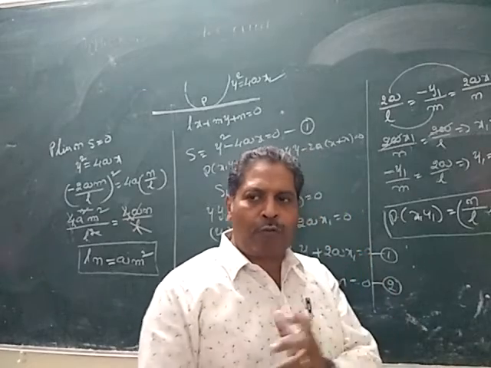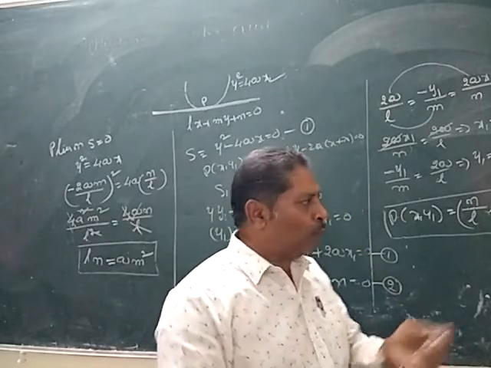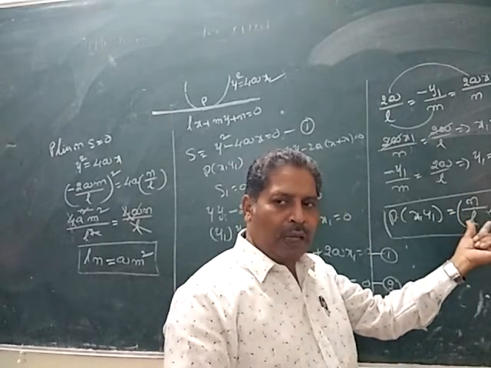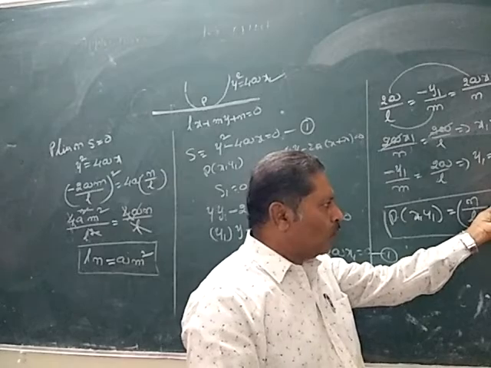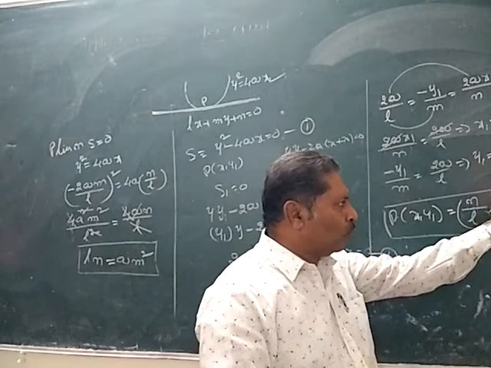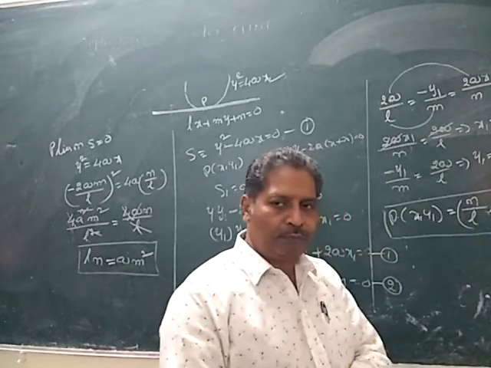To find the point of contact, we apply this formula: n by L, minus 2am by L.